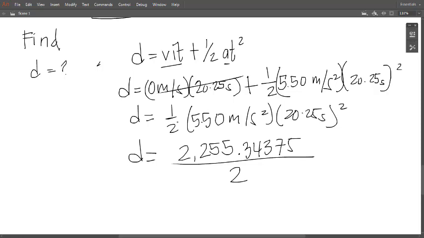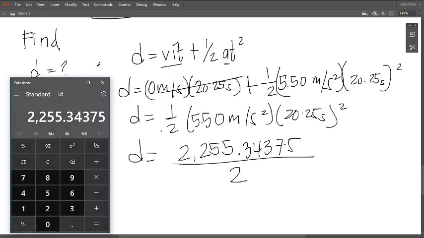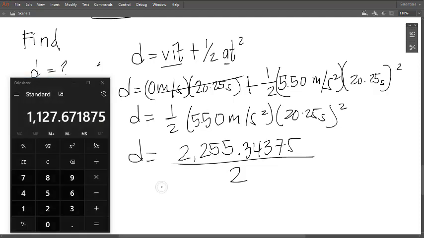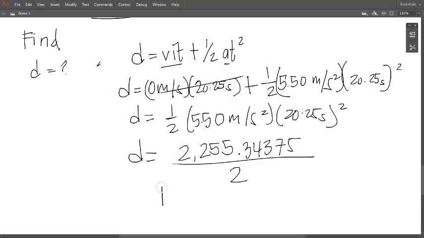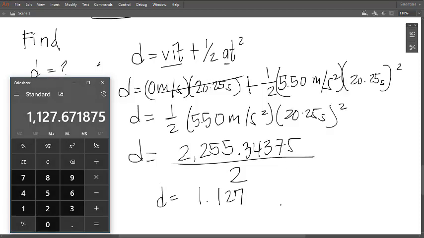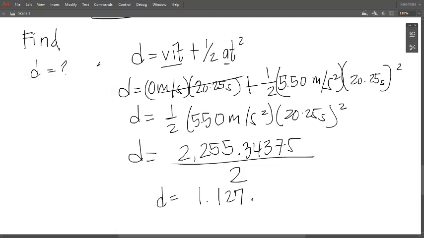Of course, we'll be dividing it by 2 because of this number, 1/2. So dividing this number, we'll be having 1,127. So the distance covered is 1,127 meters.